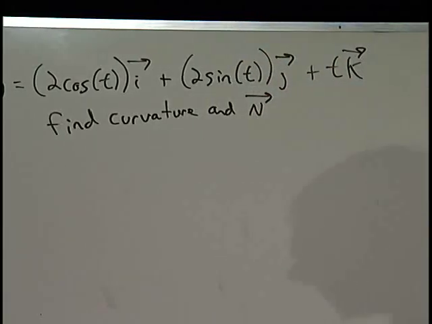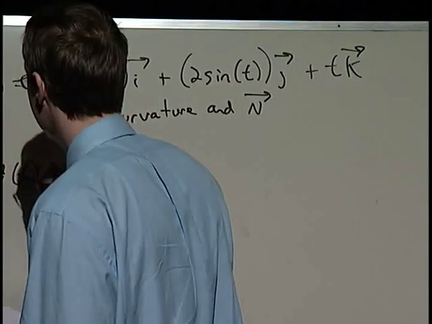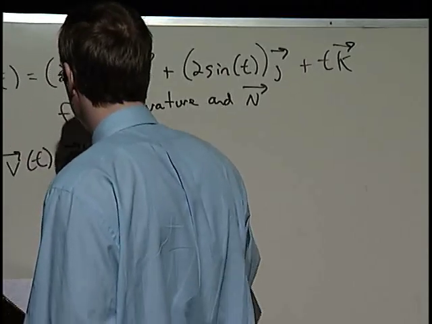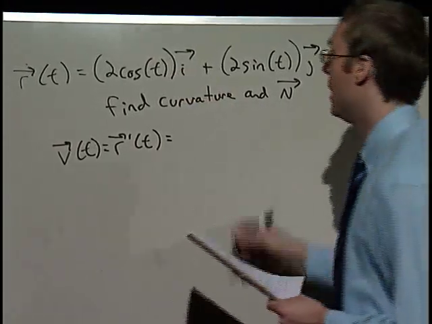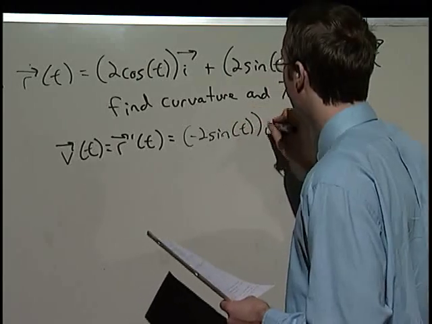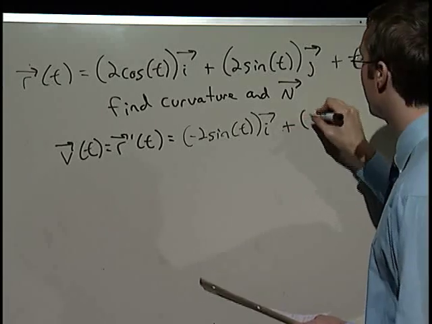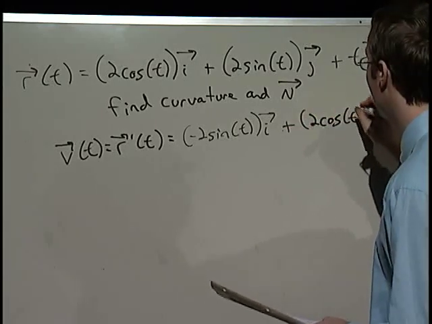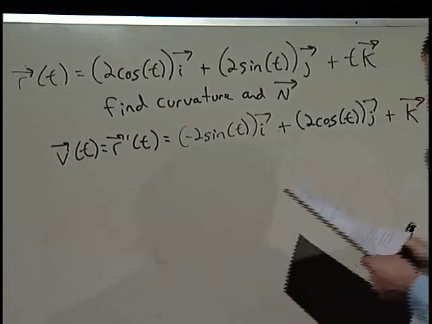All right, so the velocity vector, remember v of t, which is r prime. The derivative is negative 2 sine t i, plus 2 cos t j, and plus k. What else do we need here?